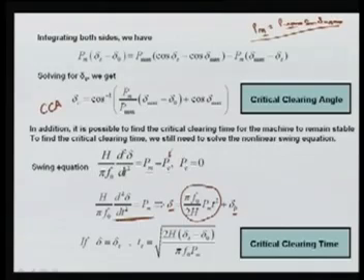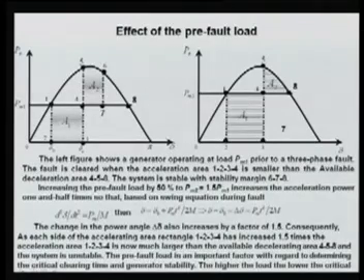So if delta is equal to delta C, at that time t will become Tc. So Tc will be nothing but the square root of 2H (delta C minus delta naught) divided by pi f naught PM, and this is called the CCT, the critical clearing time. So this time can also be determined.